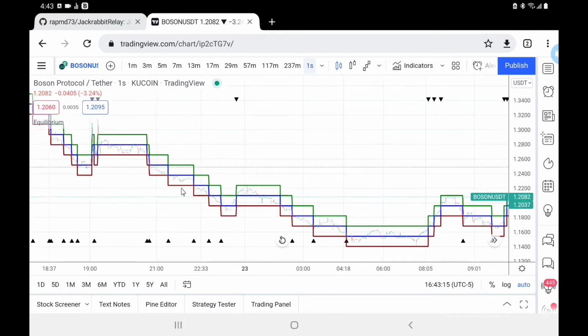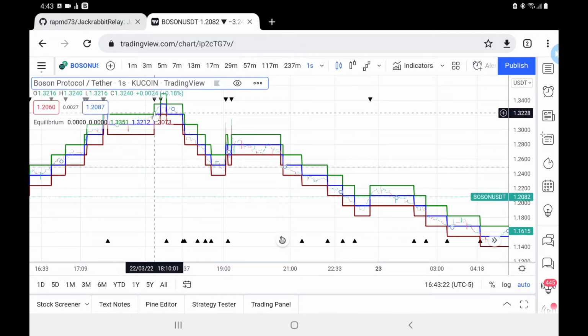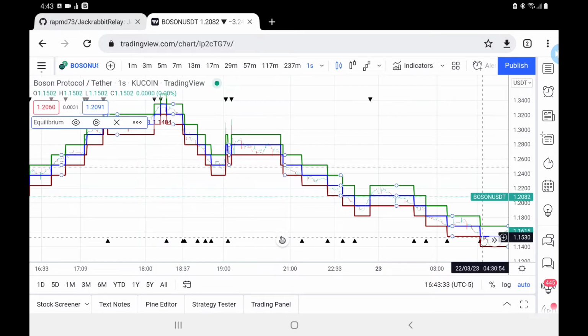For example, let's back up a little. If you purchased up here, your price would be roughly $1.3. Now, if you sold down here, you would have lost roughly 20 cents. But if you don't sell, that loss isn't actually going to happen.